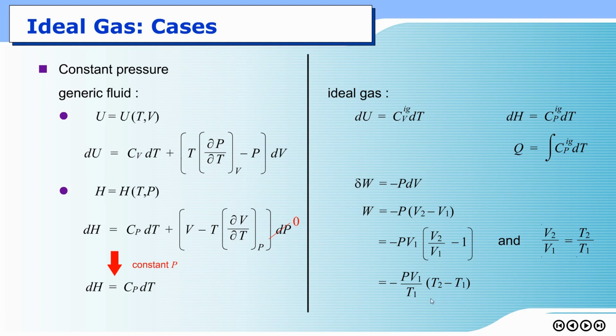And this group of variables, PV over T, is essentially R according to the ideal gas law. So you can get the work for a constant pressure process under the ideal gas assumption to be minus R delta T.